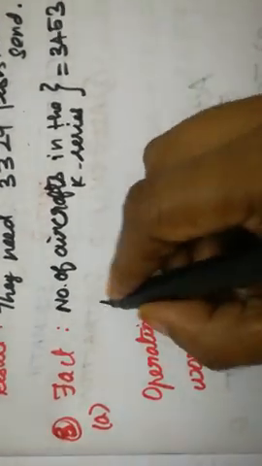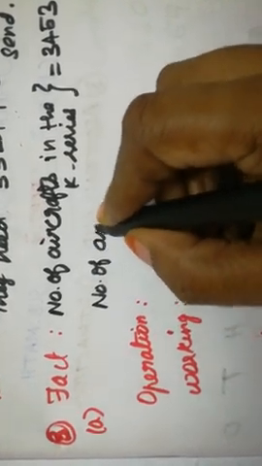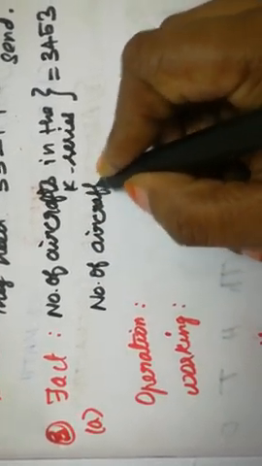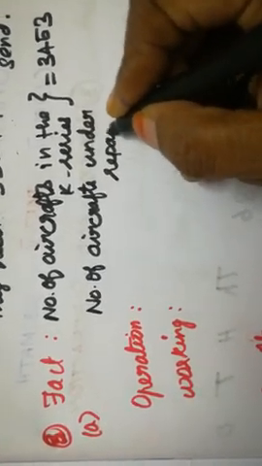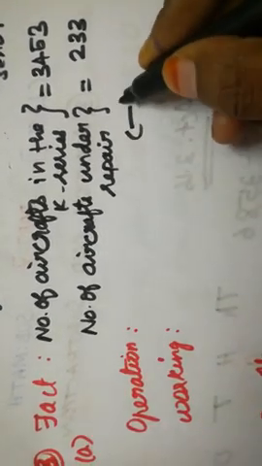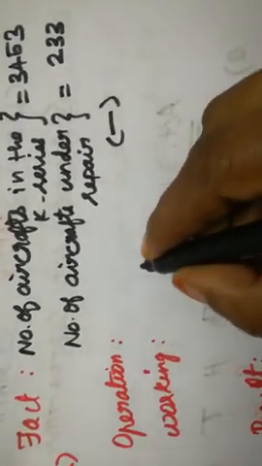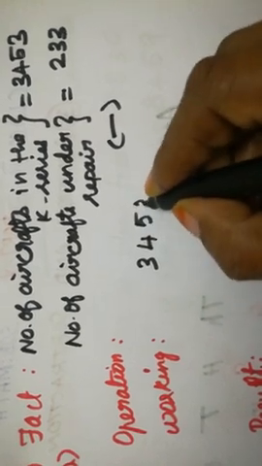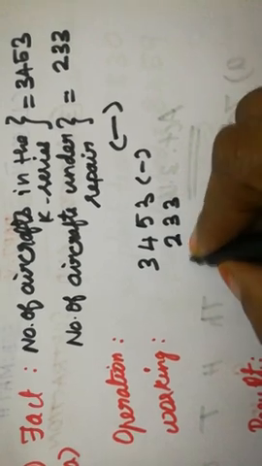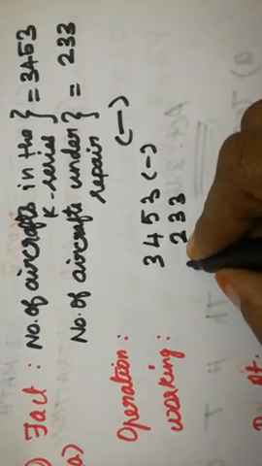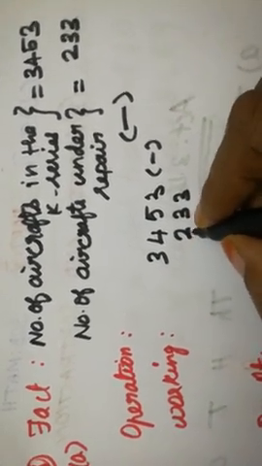The number of aircrafts under repair is 233. What operation do we have to use? Yes, subtraction. Working part: 3453 minus 233. You have to write the numbers carefully. Don't write in the thousands place. You have to write it in the hundreds position.